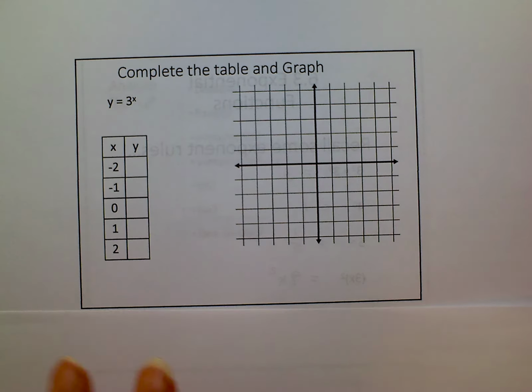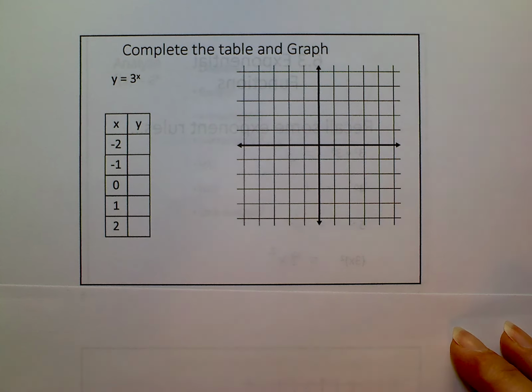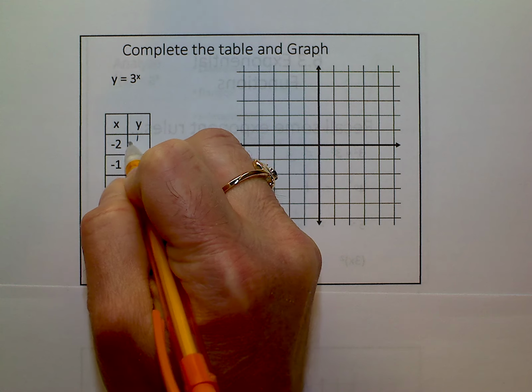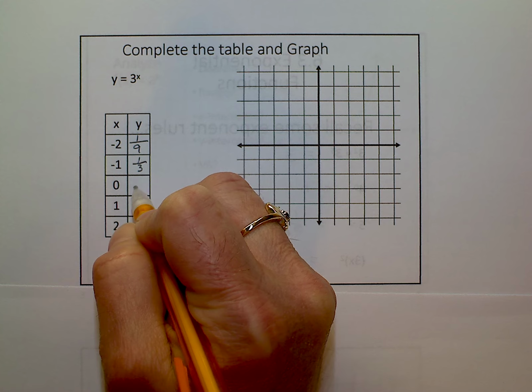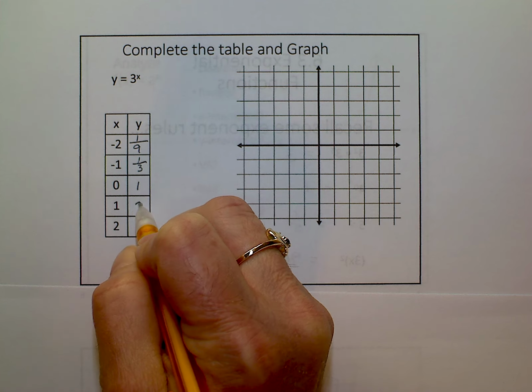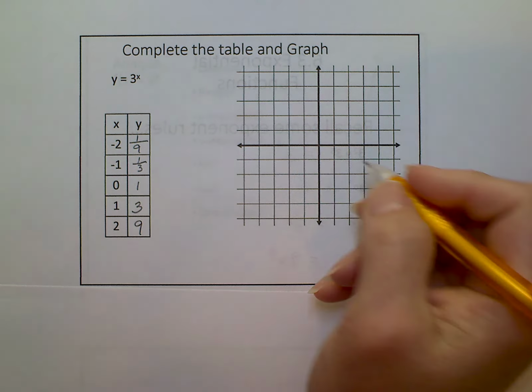Y equals 3 to the x. I want you to try this one. Go ahead and hit pause, fill out the in-out table, and graph it. You should have 1 over 3 squared, 1 over 3, 1, 3 to the first, and 3 to the second. Okay? I'm going to go and graph those.